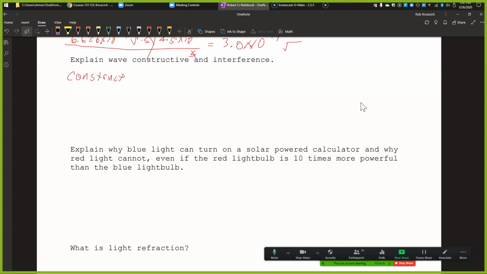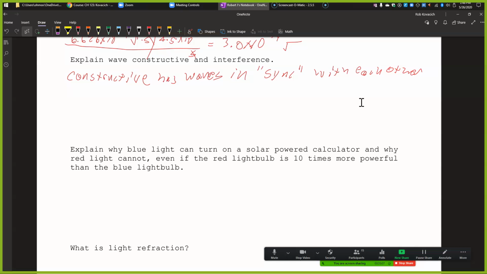No, they just happen to be reaching, so they're basically in sync with each other, right? The peaks are cresting at exactly the same time. The troughs are dropping out exactly the same time. So the crests become double the size, and the troughs become double the size.